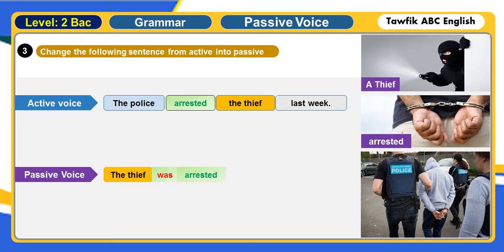So the thief was arrested by the police وعاد نديرو last week. Okay. The police arrested the thief last week. The thief was arrested by the police last week.